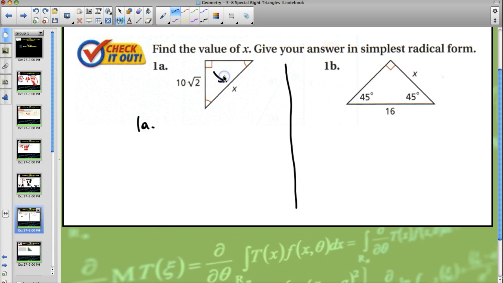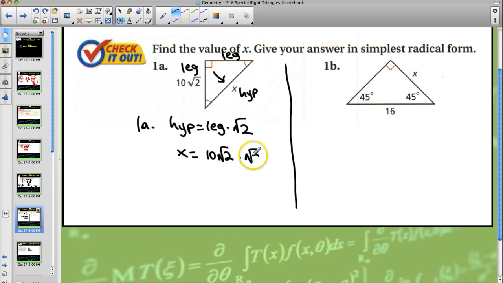So the process is the same. My hypotenuse is equal to the leg times the square root of 2. The hypotenuse in this case is x. The leg in this case is 10 radical 2 times radical 2. How do I simplify that? This means 10 times the square root of 2 times the square root of 2.